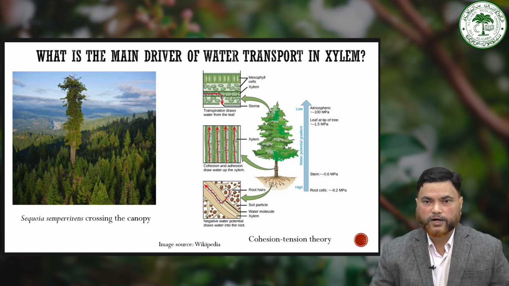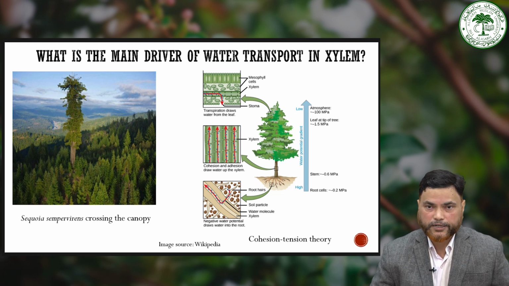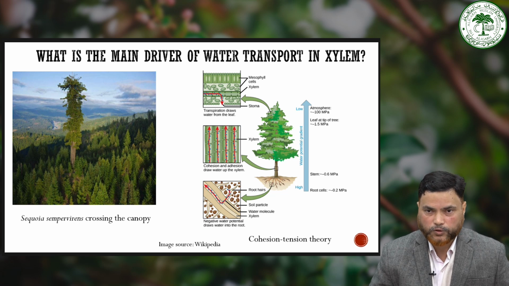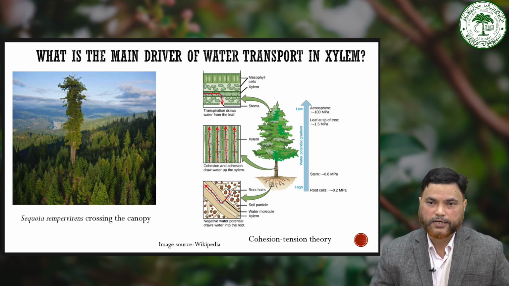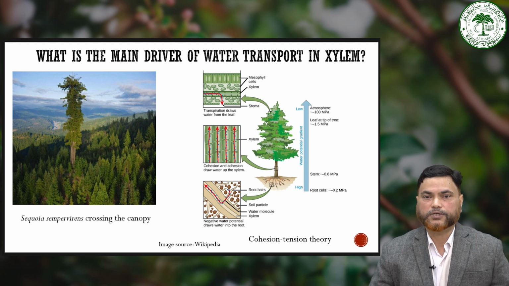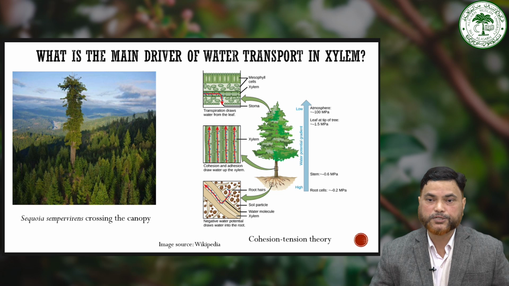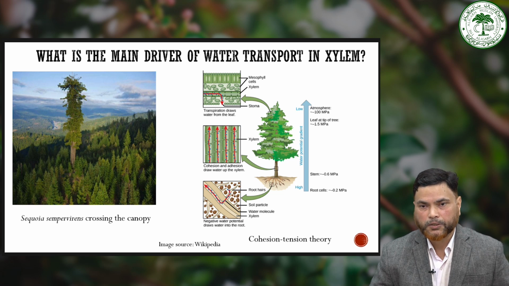To lift water up to a height of 100 meters, for example in the tallest trees such as coast redwood present in North America, and eucalyptus present in Australia, whose height generally exceeds 100 meters, a pressure difference of approximately 2 megapascal is required from the base to the uppermost branch.